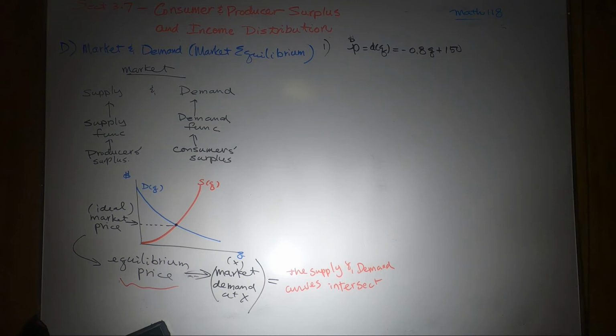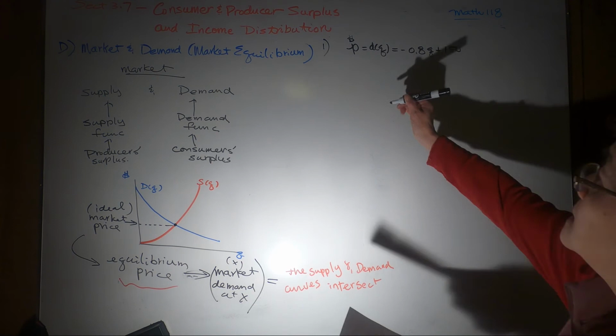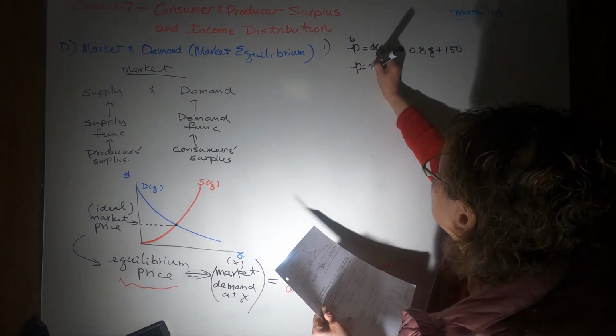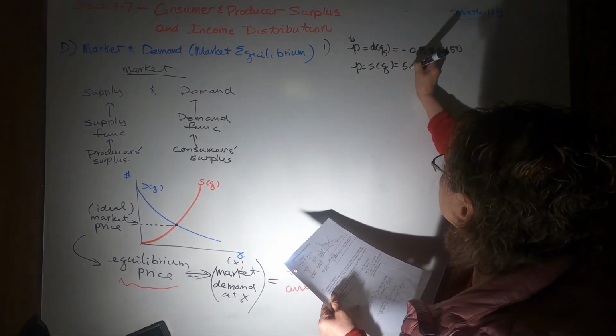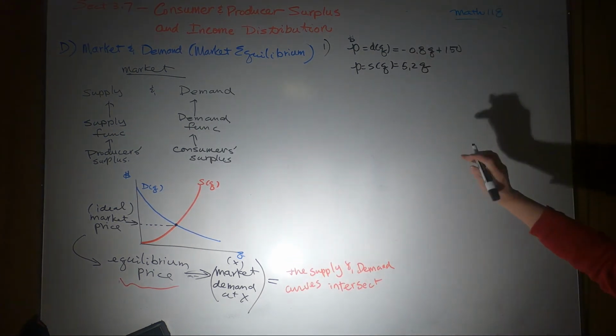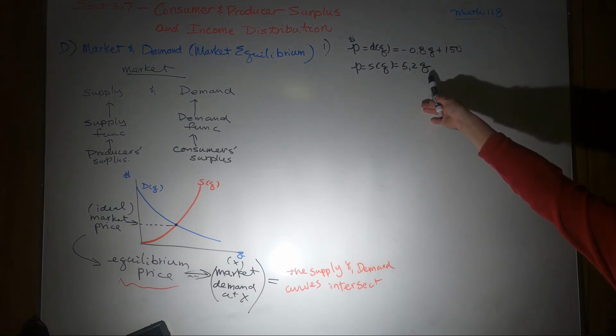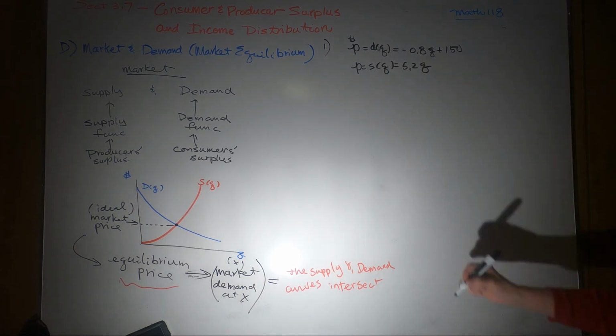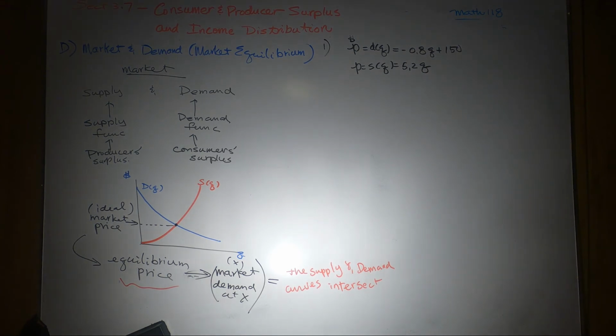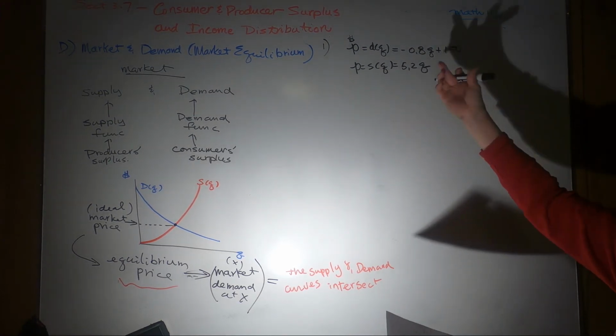And here is the supply for the same product from the supplier side. The price will be given by this function. The more quantity is needed, the more price the supplier can ask for it, because there is demand, right? So for both functions, Q is the quantity and P is the price.